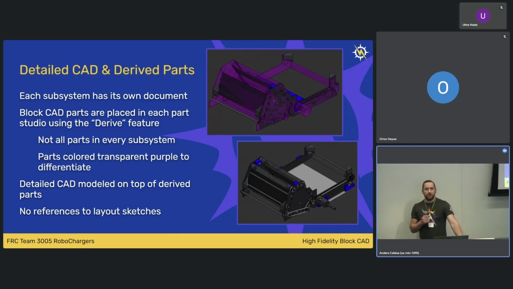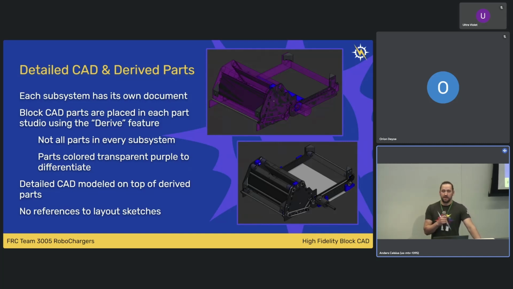Once we've finished with the block CAD and we're ready to start moving into detailed CAD, we are bringing the block CAD into the subsystem documents directly. The way that we organize things is each subsystem has its own document. That's the approach that I recommend in general, because trying to model your whole robot in one document gets unmanageable very quickly.